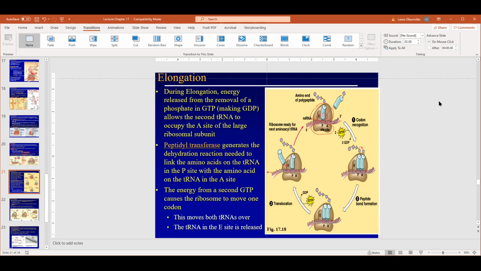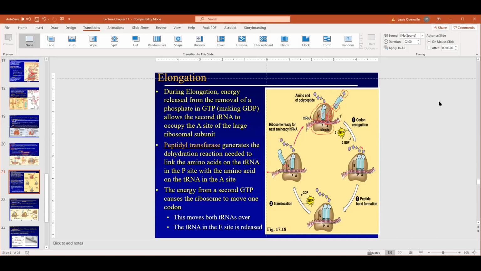And so the P site has this growing amino acid chain. We call it a polypeptide. It's a protein. All those mean the same thing. This codon here is going to match this anticodon, and it's going to bring in this amino acid that it's attached to from being charged.